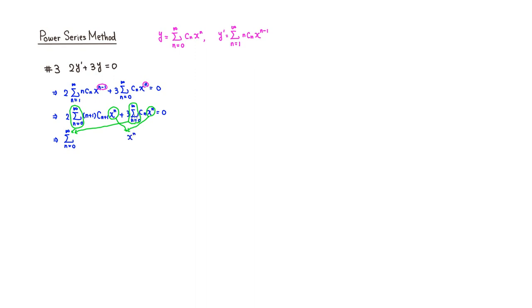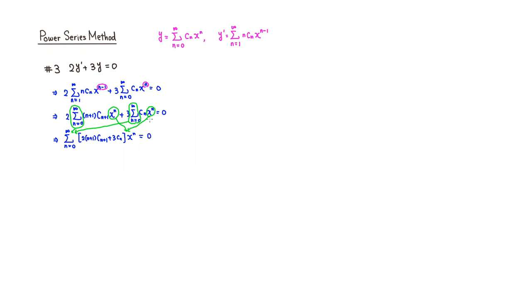Then we write down the coefficient. The coefficient is 2 times the quantity n plus 1 times c_(n+1) from the first term, and then plus 3c_n, and this is equal to 0.